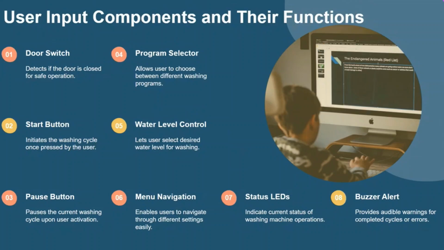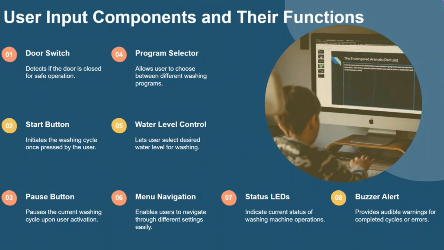Next, we have the components: input components and their functions. There are eight input components: door switch, program selector, start button, water level control, pause button, menu navigation, status LEDs, and buzzer alert. The door switch detects if the door is closed for safe operation. The start button initializes the washing cycle once pressed. The pause button pauses the current washing cycle.